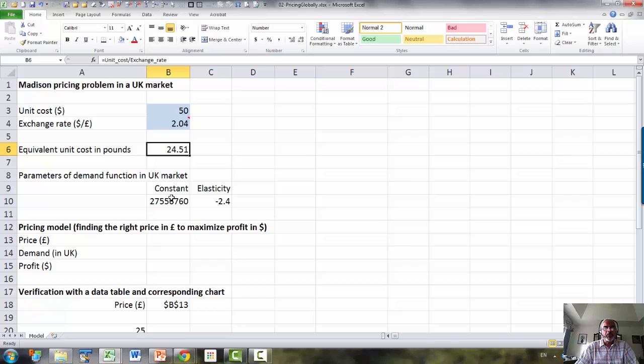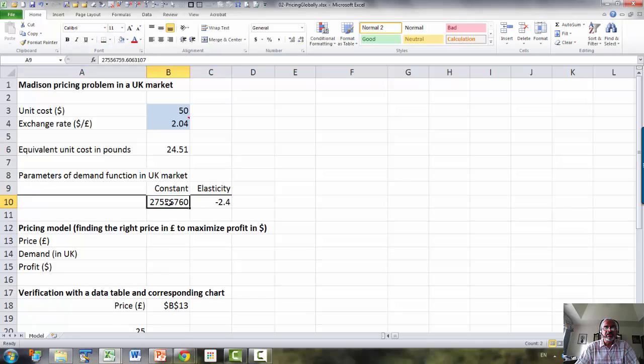Okay. Now suppose our demand function is given. Okay, let's assume that. Otherwise, we have to take at least 2 points, price and demand points from UK, and then we have to come up with this function. Okay, we are assuming constant elasticity demand.